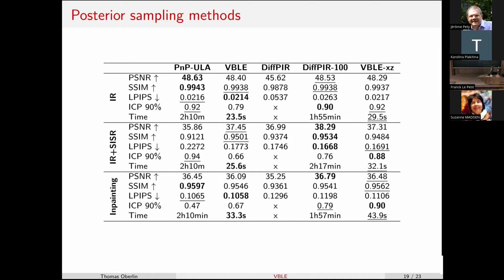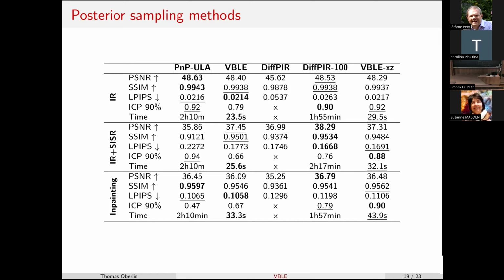And VBLE is very similar in terms of image quality, just a bit less, but it's really faster. And more importantly, we have the best ICPs. So among all those methods, it's the method that best predicts the uncertainty, at least with this way of estimating.